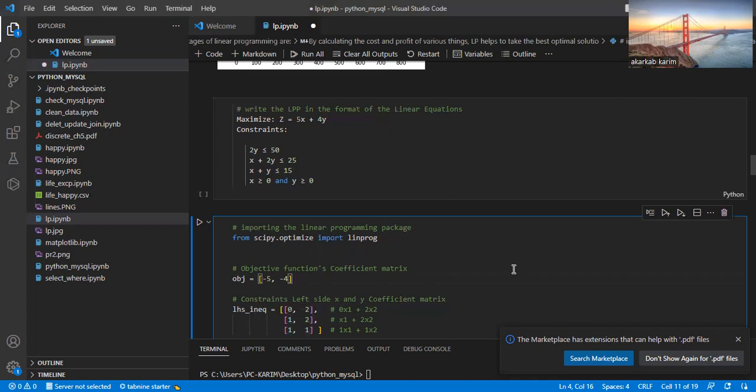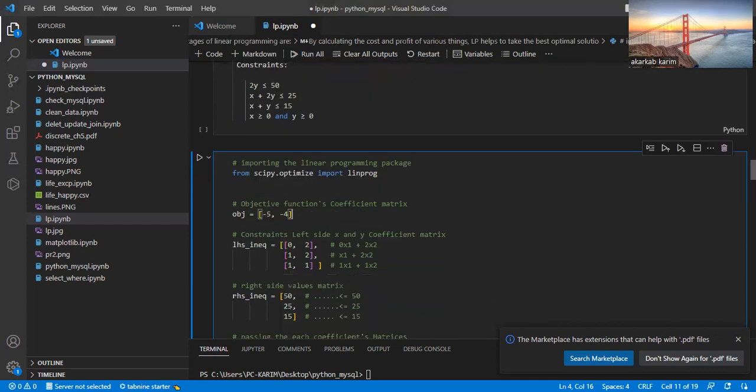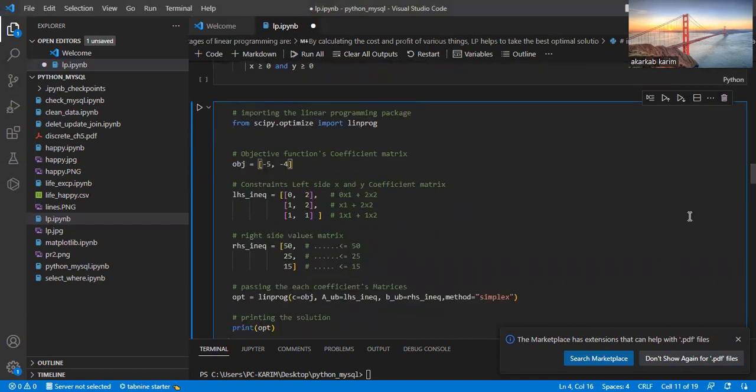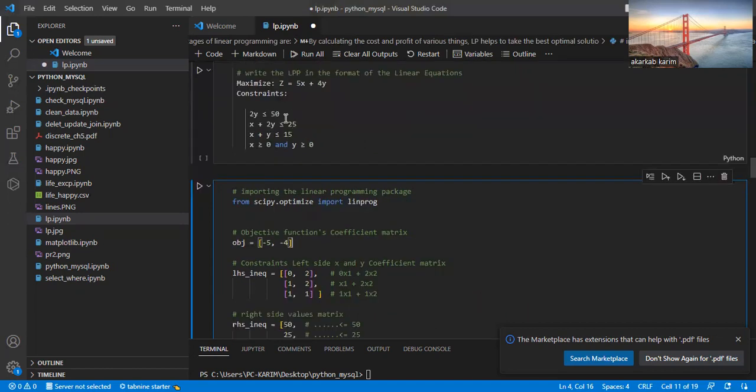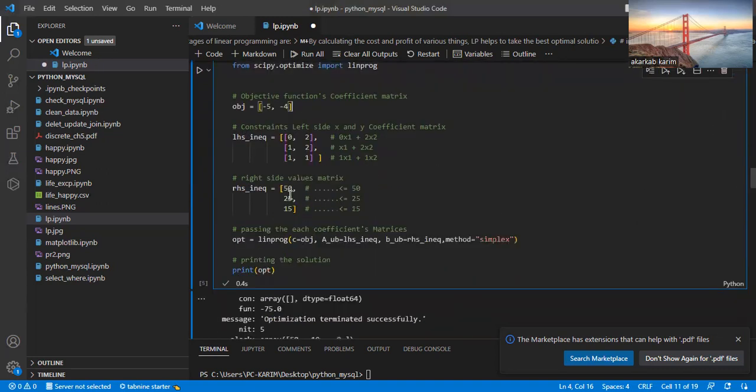So these are the constraints. And here we have the right-side value vector, which is the limit of all the capacities of the machines M1, M2, M3. We replace it in this vector: 50, 25, and 50.